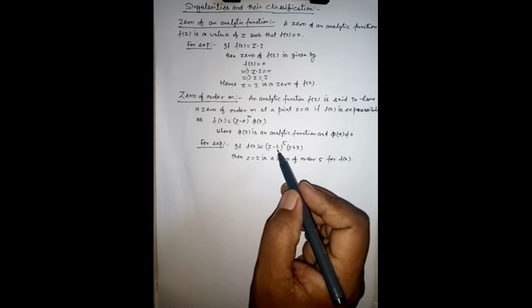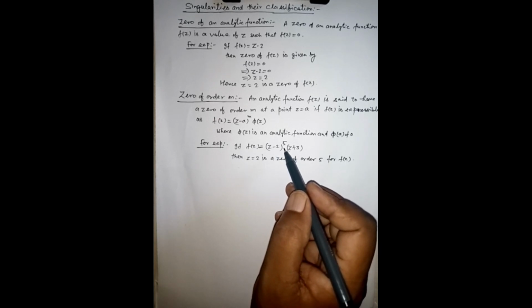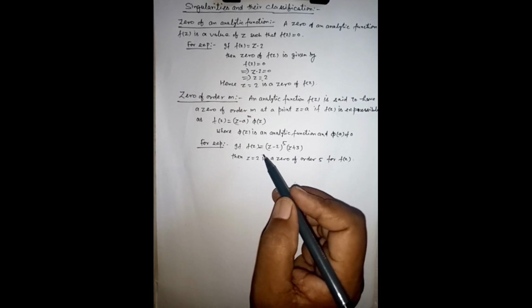So z equal to 2 is a zero of order 5 for this function f(z).